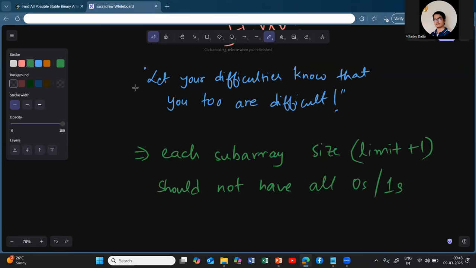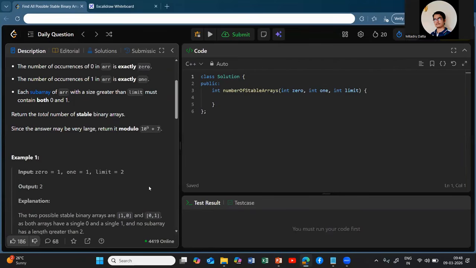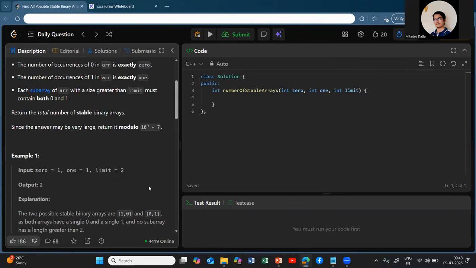You just need to prevent this from happening, and that's how your condition will be fulfilled. Okay, I hope you understood the problem statement clearly, and I hope you will definitely try this problem on your own before moving to the solution.